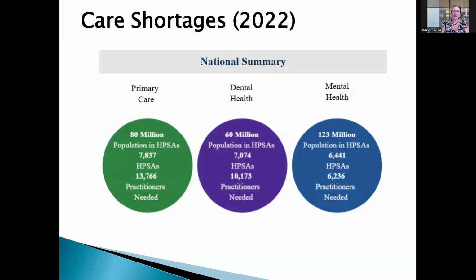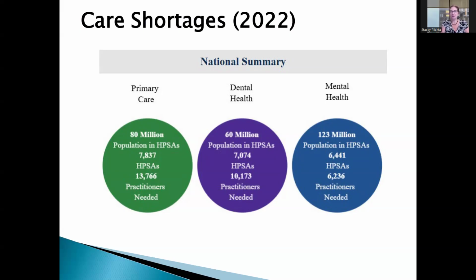There are different ways to look at health provider shortages, and I'll talk about them in the next few slides. We have something called health professional shortage areas. 80 million people lived in a primary care shortage area in which there were not enough practitioners to serve the needs of the population. 60 million people in the United States live in dental health professional shortage areas in which there are not enough dentists to meet the needs.